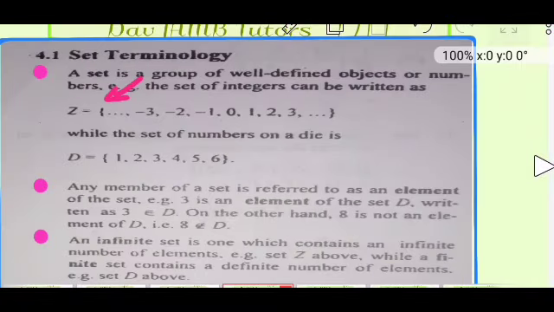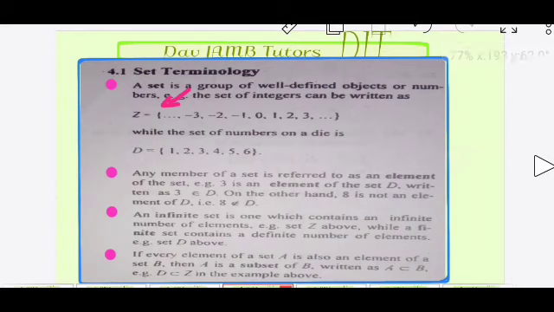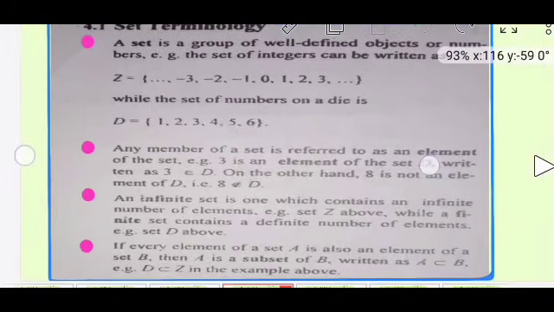So a set is a group of well-defined objects or numbers. E.g., the set of integers can be written as Z equals open curly brackets -3, -2, -1, and all that, while the set of numbers on a die is 1, 2, 3, 4, 5, 6. So that is a set.